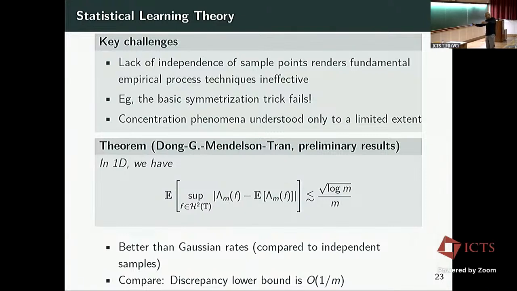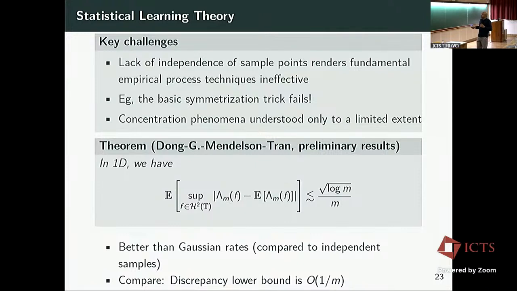Imagine you are sampling points from a circle, and we are using some canonical orthogonal polynomial based DPP there. Based on that, we get this uniform statistical learning guarantee of essentially the order 1 over m, up to a factor of square root of log m.